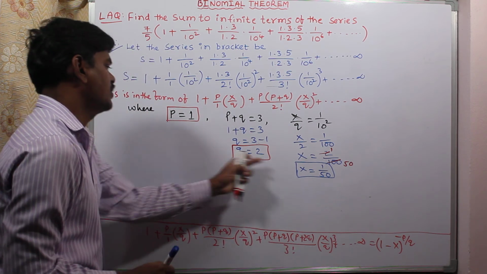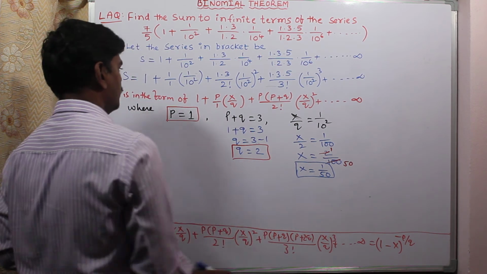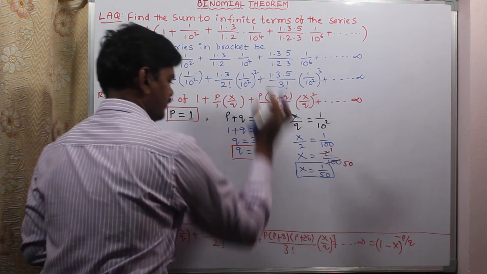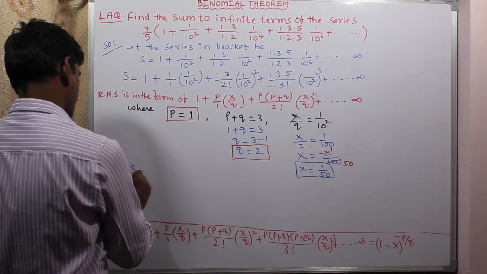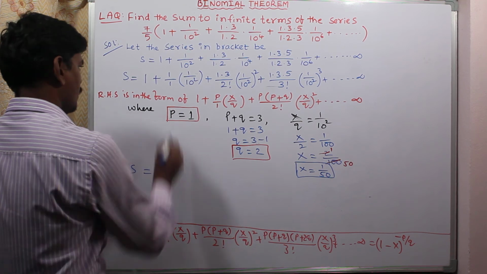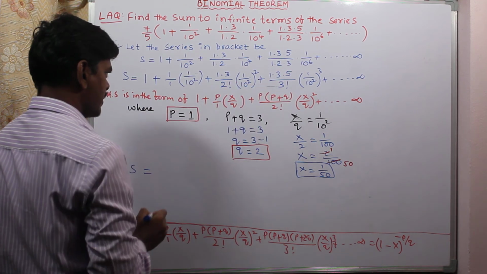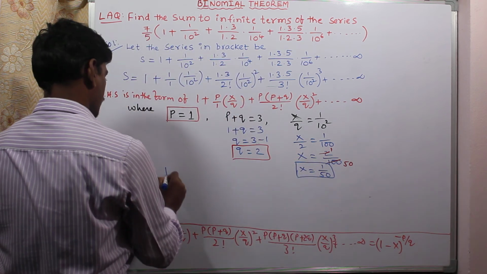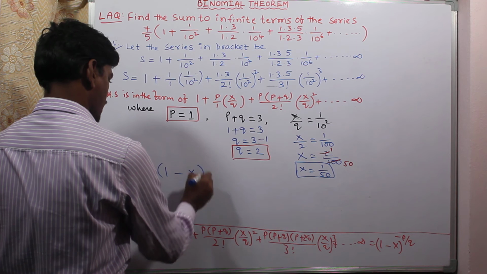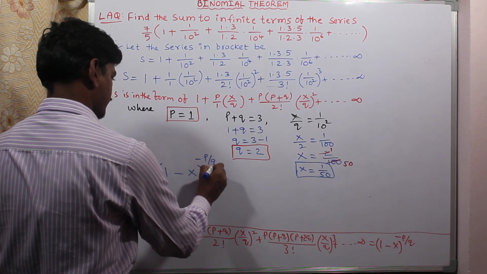After having p, q and x, instead of this form we can write the binomial form. So the same S is equals to, I want to replace this formula with this one: 1 minus capital X whole power minus p by q.